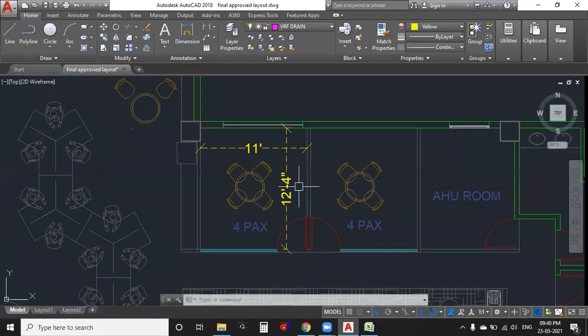This building has dimensions in feet, right? Everyone aware of feet, millimeters, and meters? Anyone having doubts? This is the first time for me, sorry.